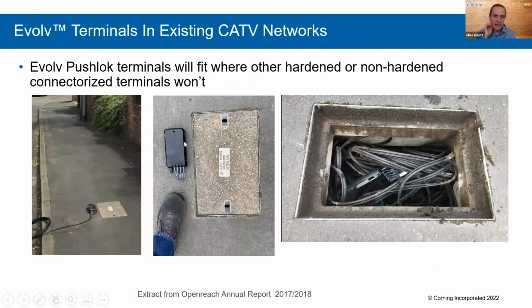So where do they fit into cable TV networks? Well, these terminals are going to fit where other hardened or even non-hardened connectorized terminals won't fit. So in the Virgin Media O2, the old 9X network, I'm familiar with this. I used to work for this part of the company, and you can see you've got these handholds which were designed to pull in drop cable.